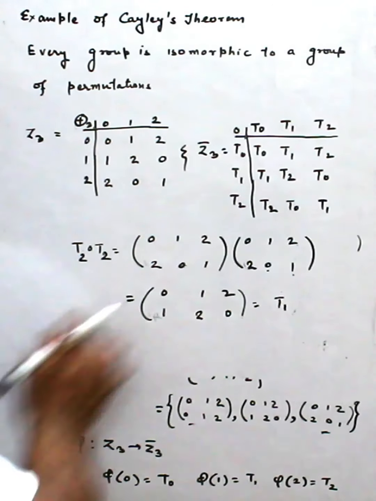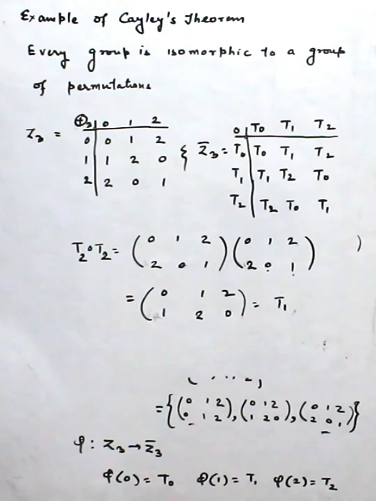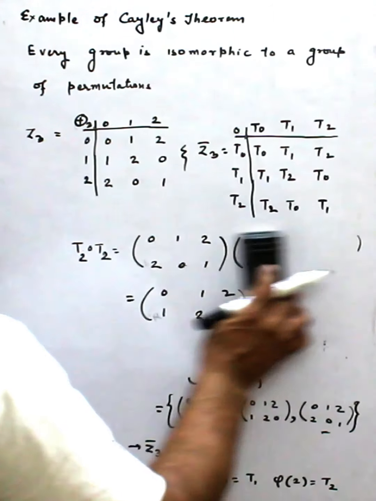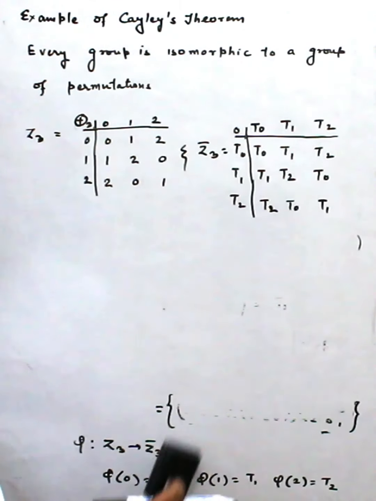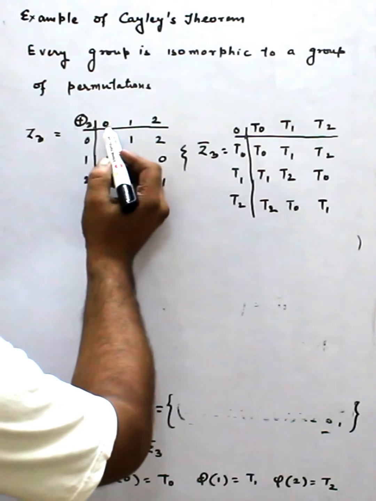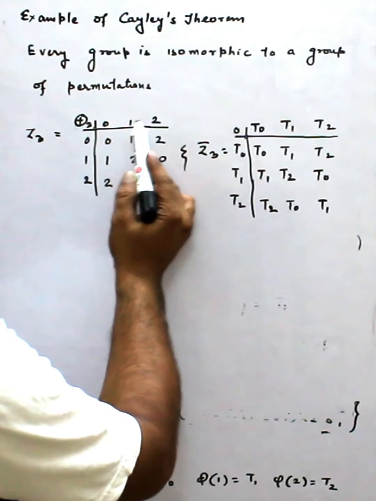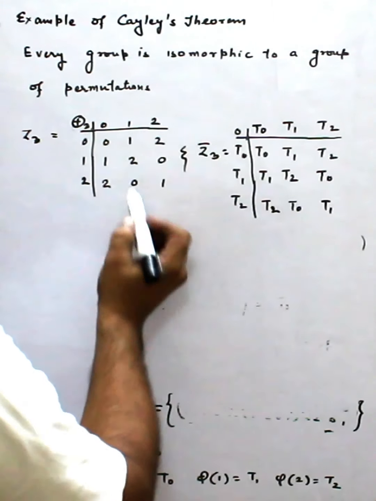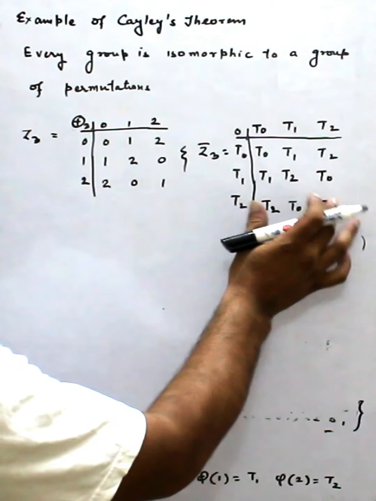Now obviously we can say both are groups. Now we check that our definition is true. That means we can say this element corresponds to T0, this element to T1, this element to T2. That means each element has a corresponding image.